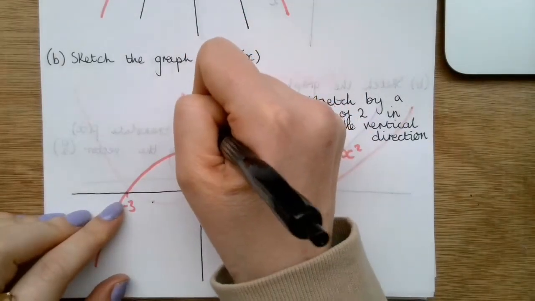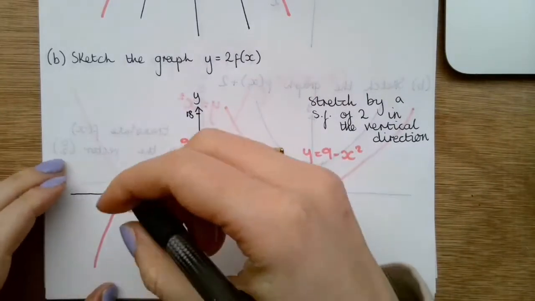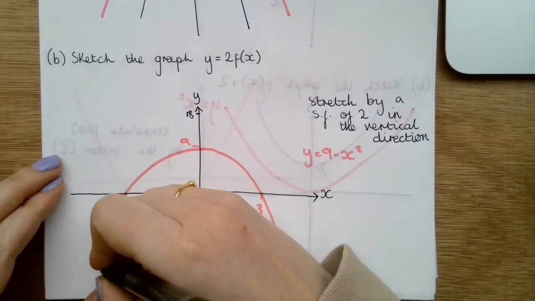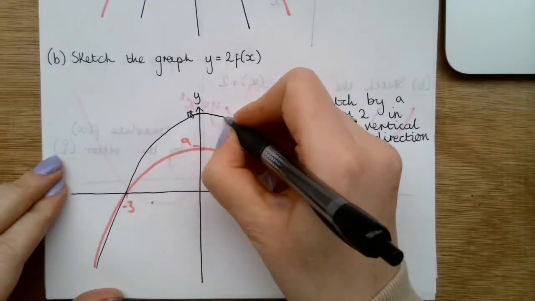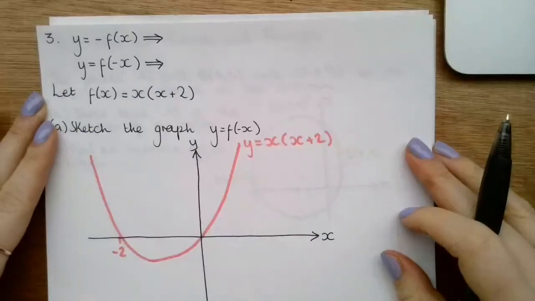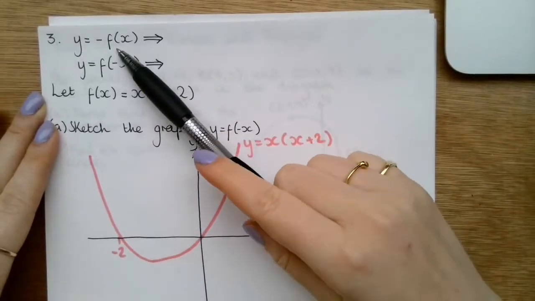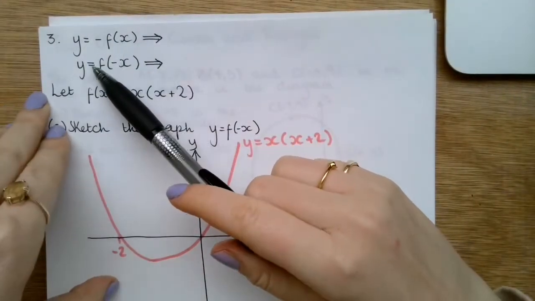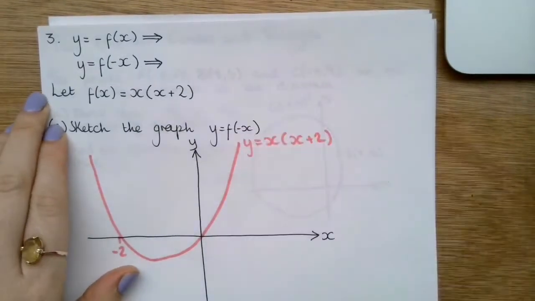Let's say 18 is up there, and it's going to look something like that. The last two transformations we're going to look at are y equals minus f of x and y equals f of minus x. Now these are both reflections.